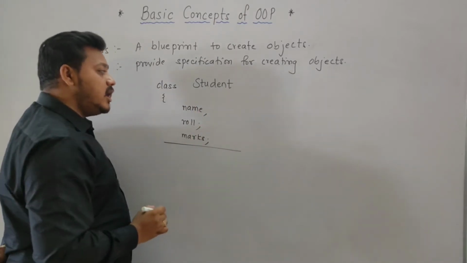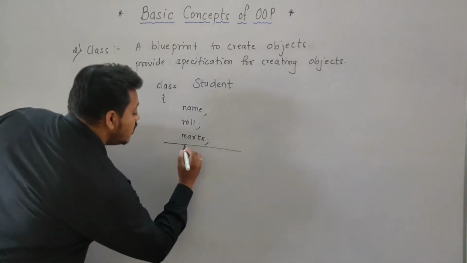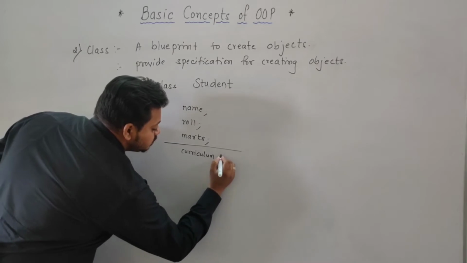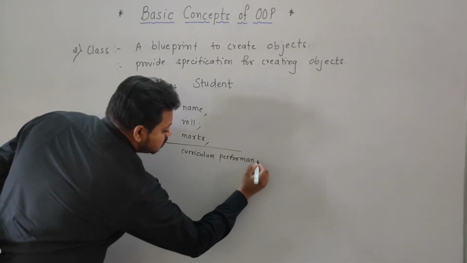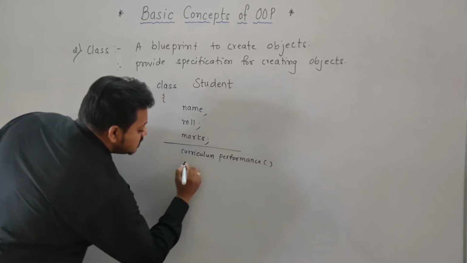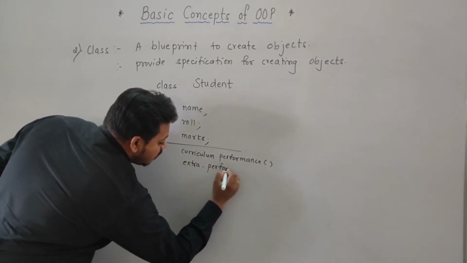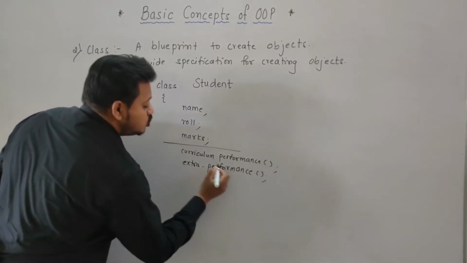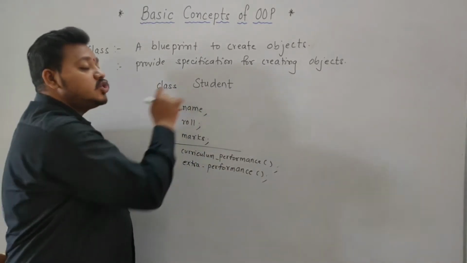At the same time, each student has some functionality, for example, his curriculum performance and his extra performance. So these two are the functions of my class student.